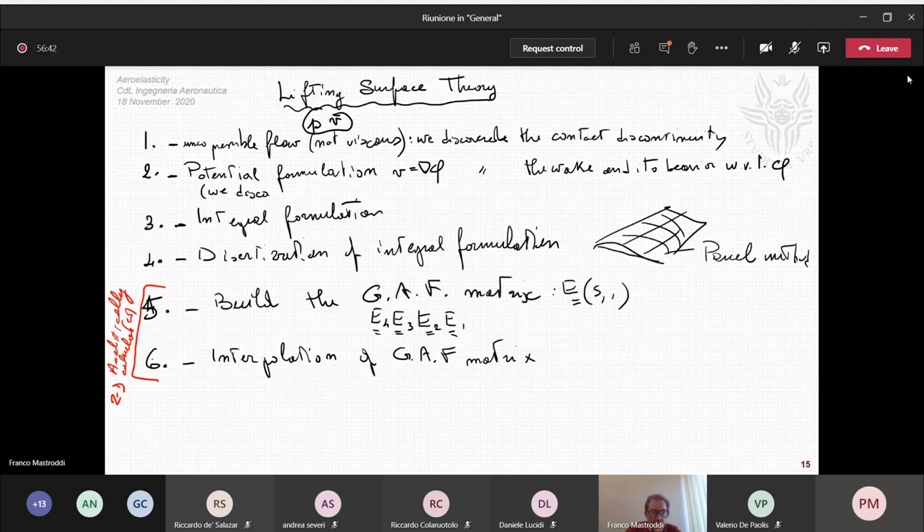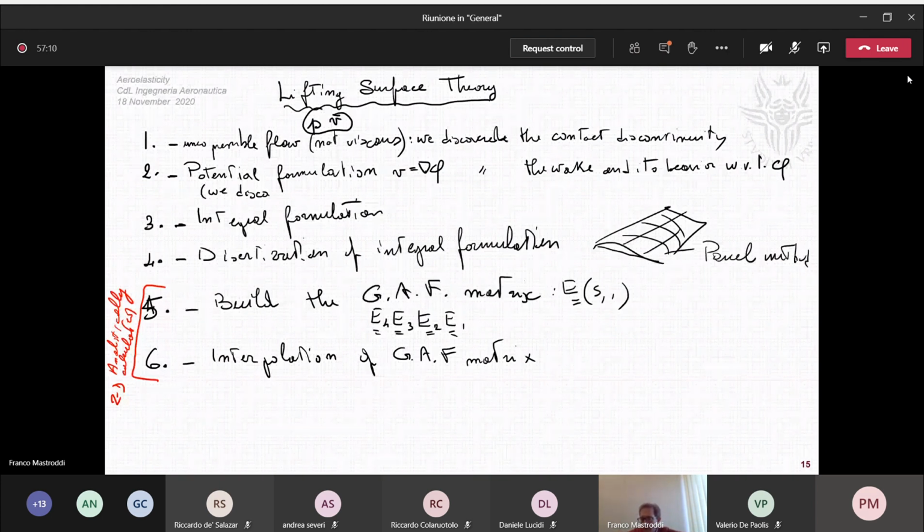With the Theodorsen theory, we can build analytically the GAF. We didn't give you the details of this theory, but we have the general procedure for evaluating the GAF matrix. And also for the Theodorsen theory, we can interpolate not the matrix directly, but the Theodorsen function.